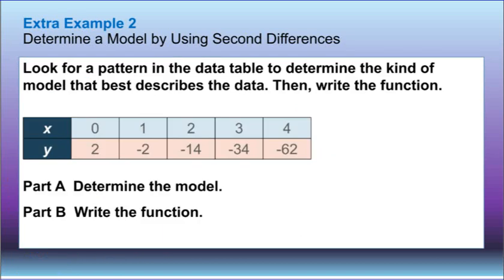Moving on to the next example. Here we check the data, adding 1 each time. Here, the common difference. So I'm actually subtracting 4. Here, I'm subtracting 12. Here, I'm subtracting 20. Here, I'm subtracting, looks like 28.